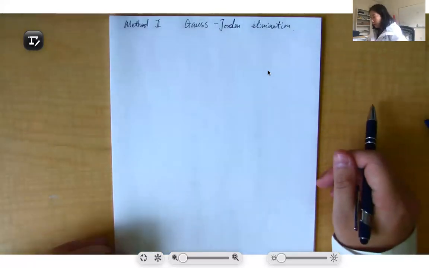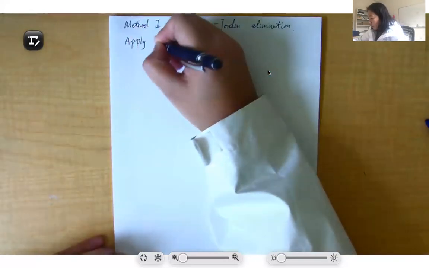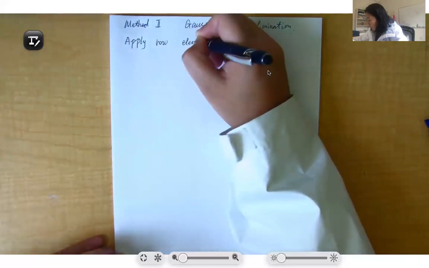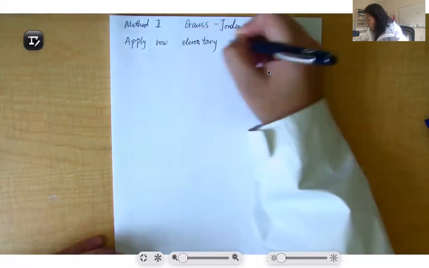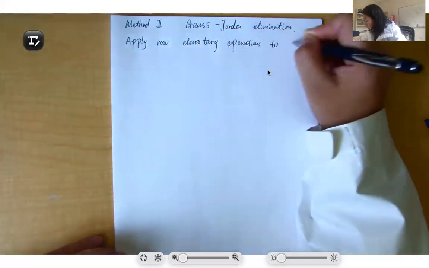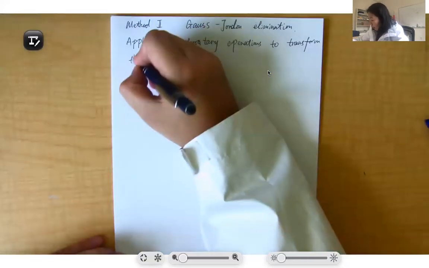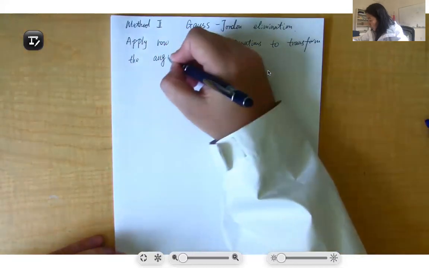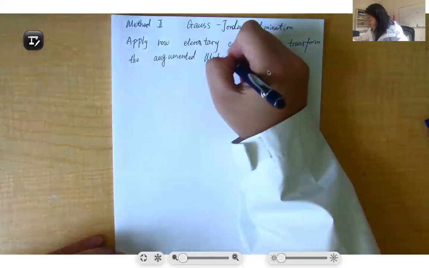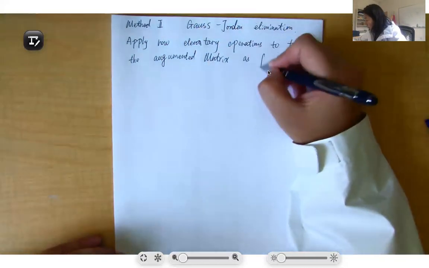Gauss-Jordan elimination also applies elementary row operations to transform the augmented matrix basically into an identity matrix as follows.